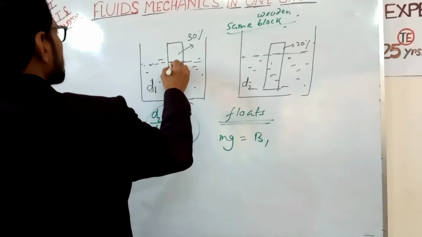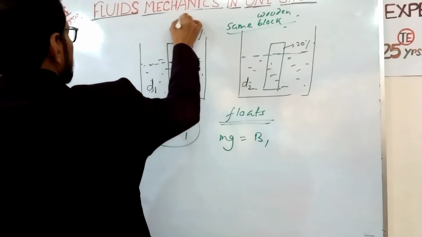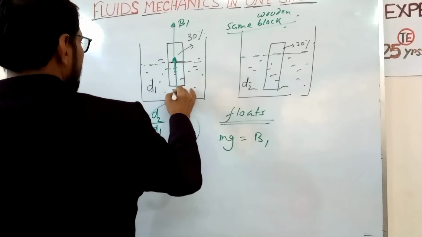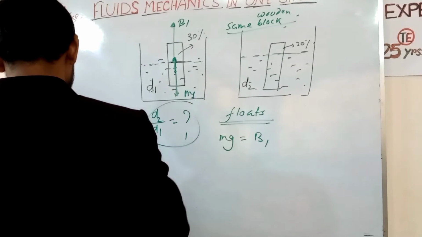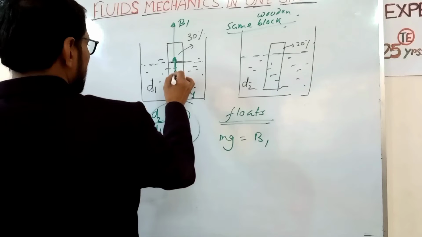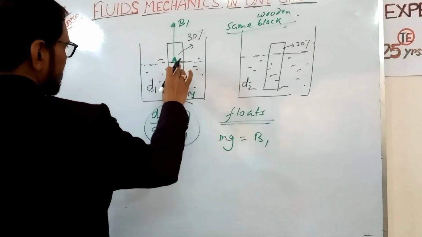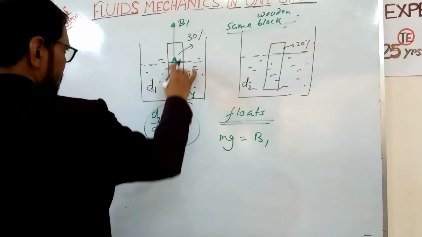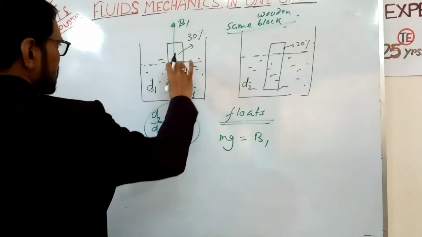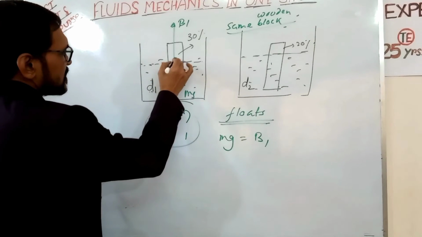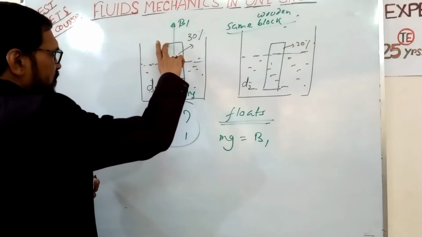Suppose here the buoyancy force is b1, and the weight mg acts through the center of the wooden block, while the buoyancy force acts through the center of buoyancy, which is the middle of the liquid portion.